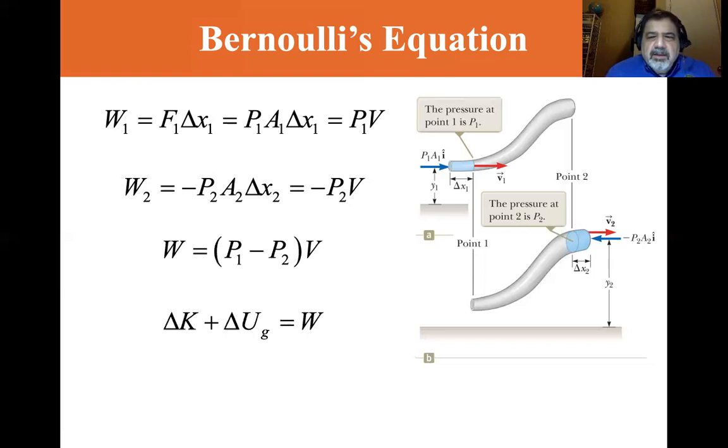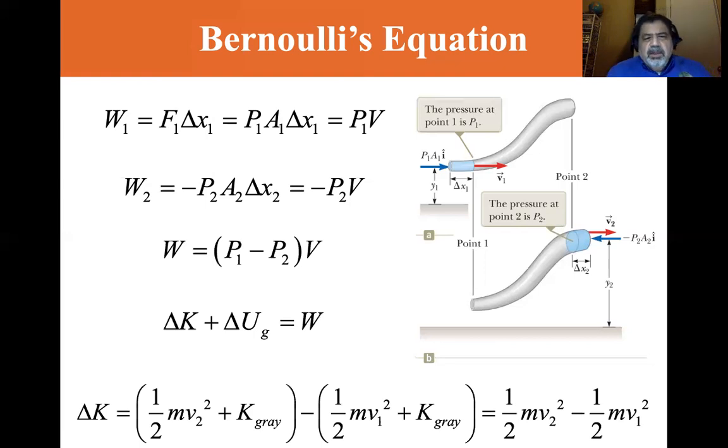Now if we consider the change in kinetic and gravitational potential energy, we know that the change in kinetic energy plus the change in gravitational potential energy equals the work. For the kinetic energy, we have 1/2 mv2 squared plus the kinetic energy of the gray area, minus 1/2 mv1 squared plus the kinetic energy of the gray area.